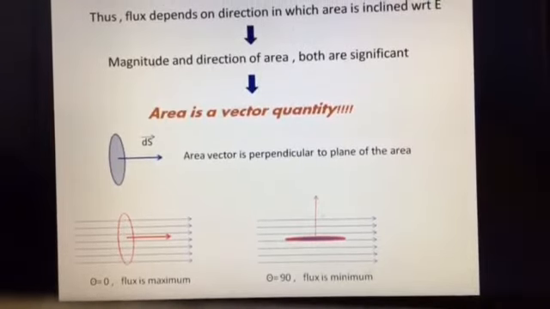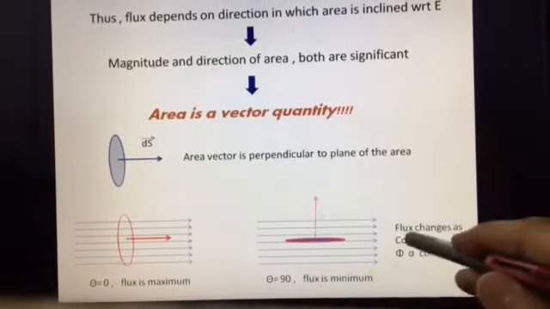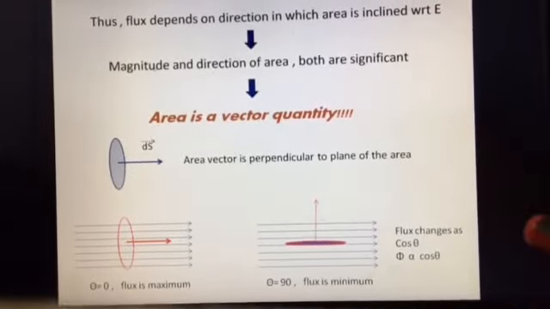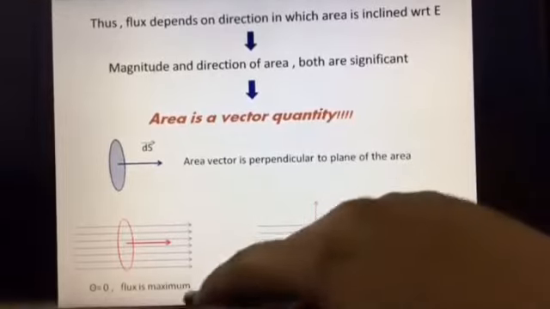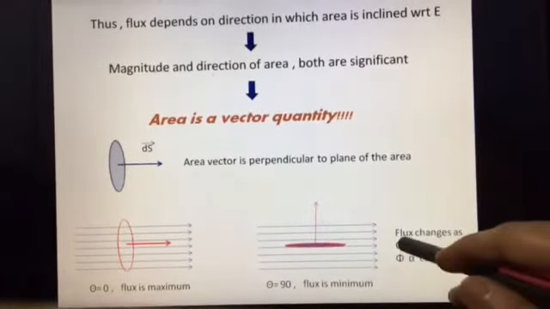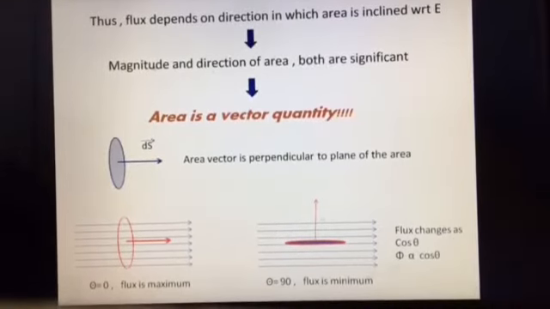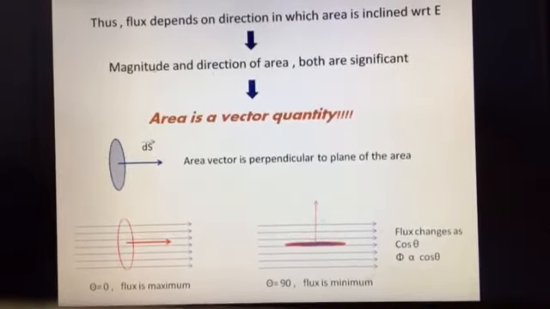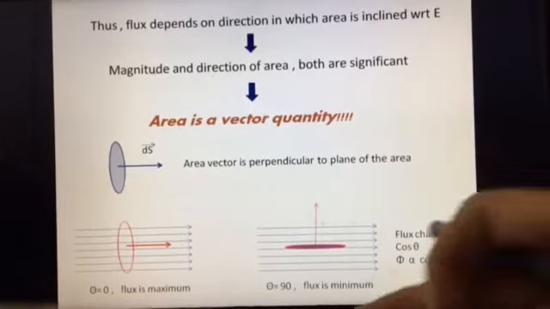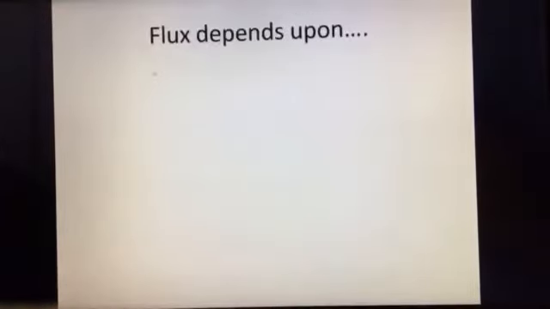What does that remind you? It tells us that flux changes as the cos of theta. We know that cos 0 is maximum and cos 90 is minimum, that is 0. So flux is proportional to cos theta. So what did we see till now? What is flux dependent on?